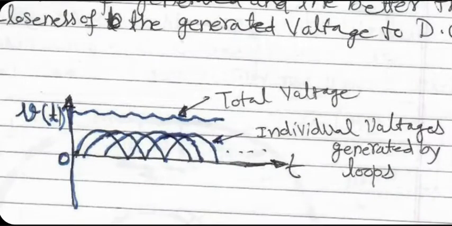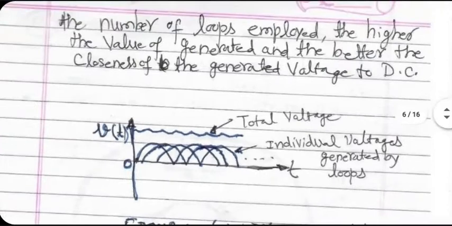This is what we do in rectifiers using a capacitor after the diodes, filtering. This is called filtering in diode rectifiers. So here, instead of doing that, we are using multiple loops shifted from each other by a certain angle. And as a result, the envelope of the voltage produced becomes a lot more smooth, a lot closer to DC.